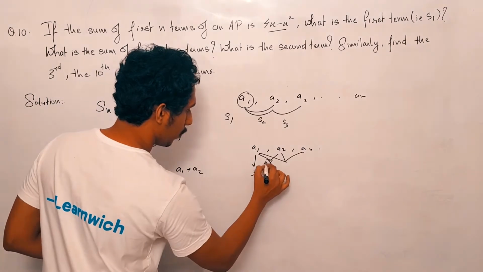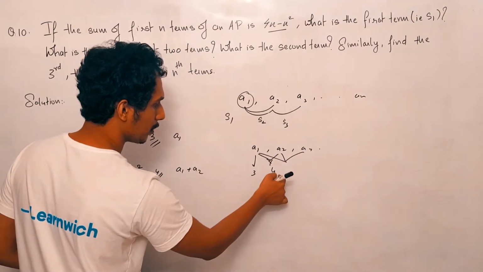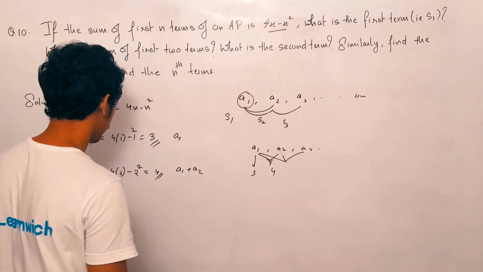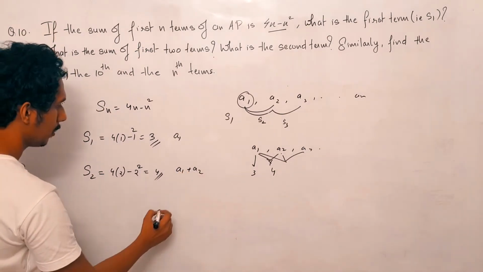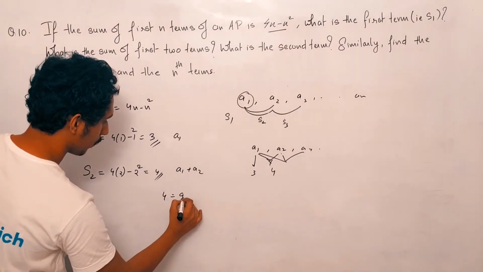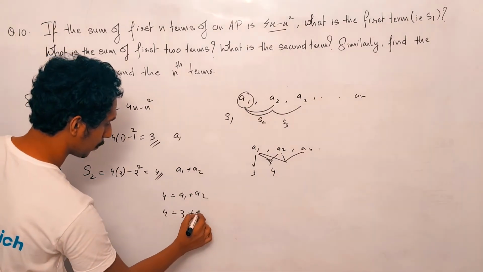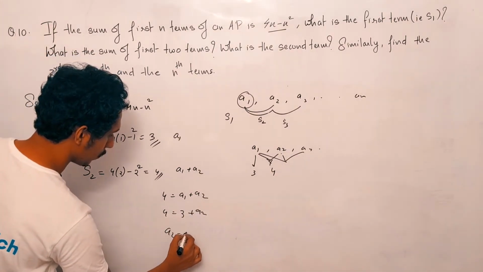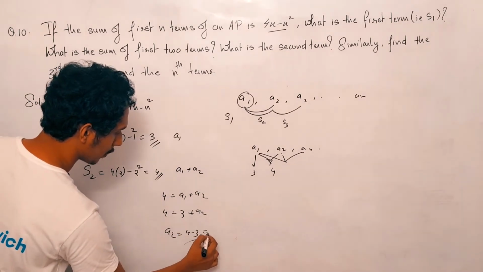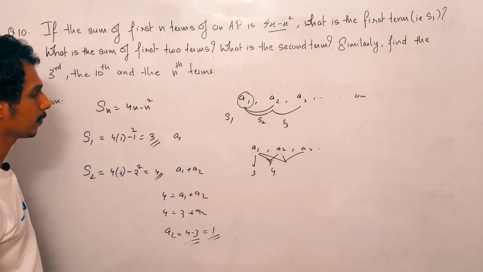So what is A2 then? How do you find out A2 here? 4 is equal to A1 plus A2. A1 is 3, so 4 is equal to 3 plus A2. So I get A2 is equal to 4 minus 3. The answer is 1.